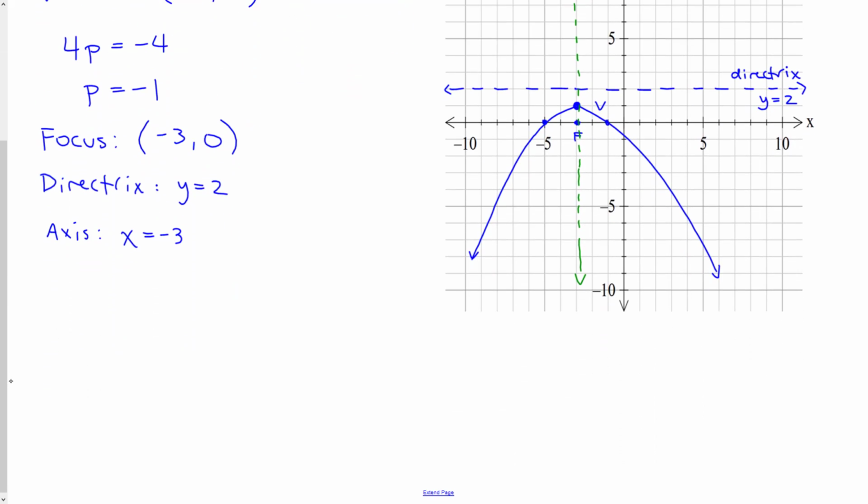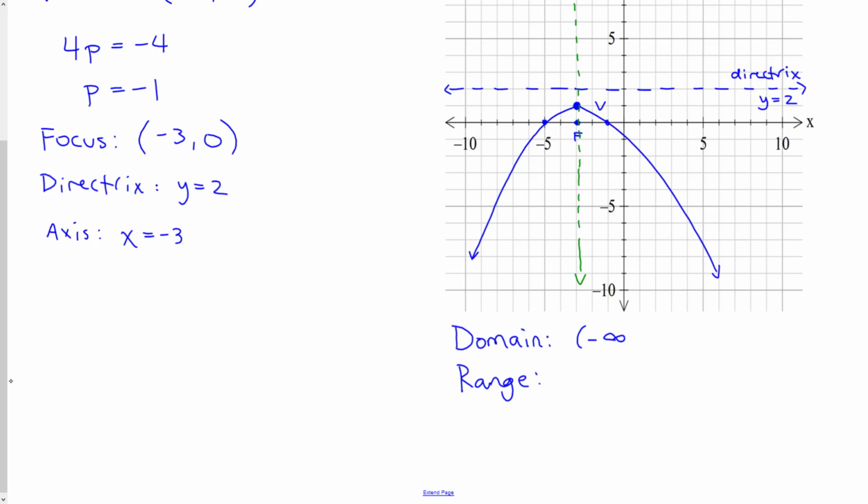Last thing that we need are domain and range. And I like to get domain and range just from the graphs. So the domain are all the points along the x where the function is defined, and the range is all the points along the y where the function is defined. So it's defined everywhere on the x.